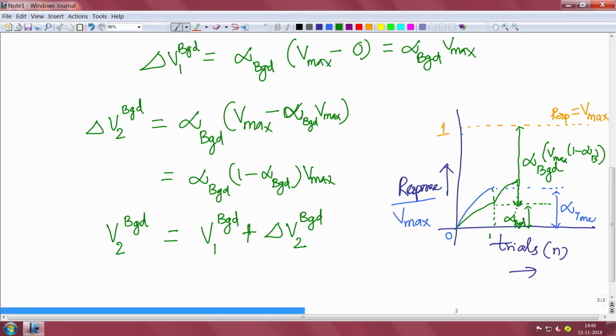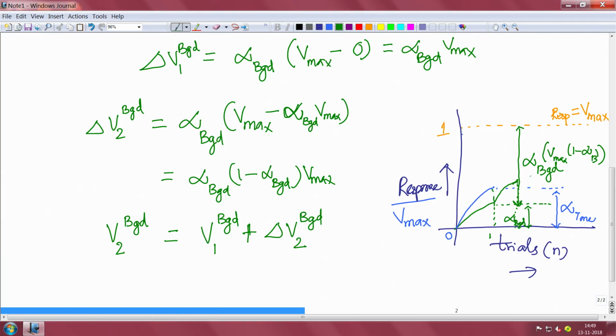And then at the third instance, if again there is no tone, but only the shock is being presented, the background, this green curve, is going to go up, but the blue is going to stay wherever it is until a point where the tone and the background are both presented.